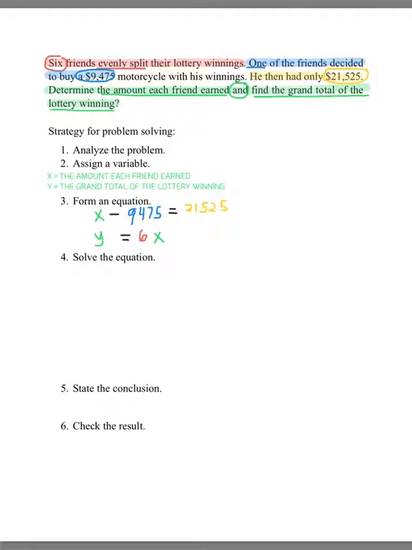So now let us go ahead and start solving the equations. We'll start off by bringing the equations down. So x minus 9,475 is equal to 21,525. And our second equation is y is equal to 6x.